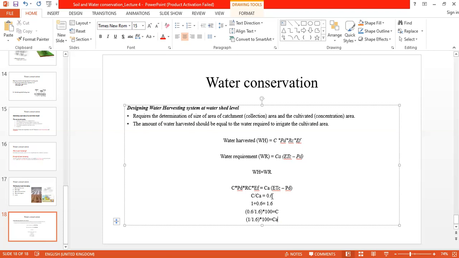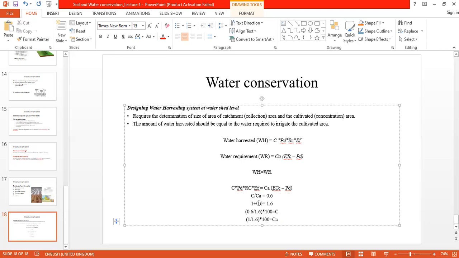So what it means is that if you have C over CA, which is equal to 0.6, you can say it's 0.6 over 1.